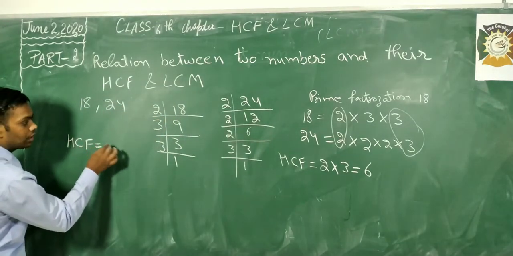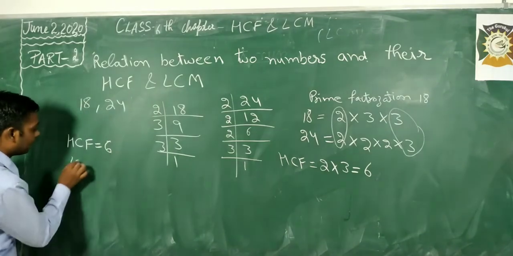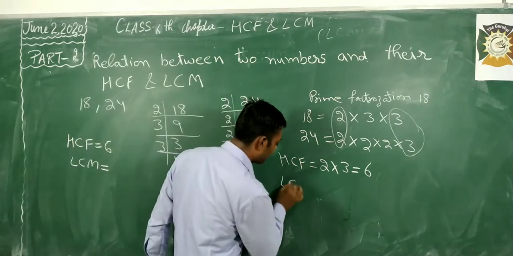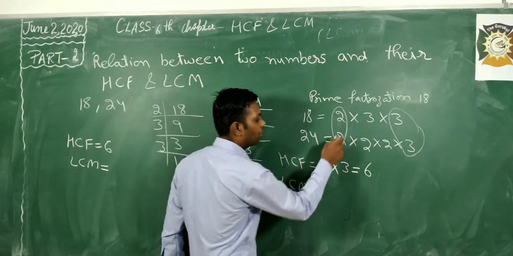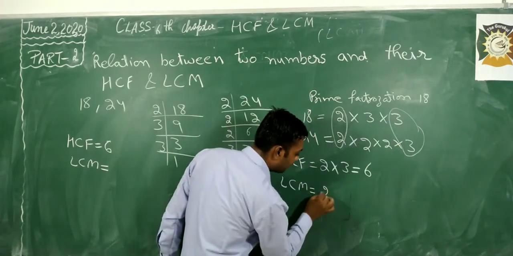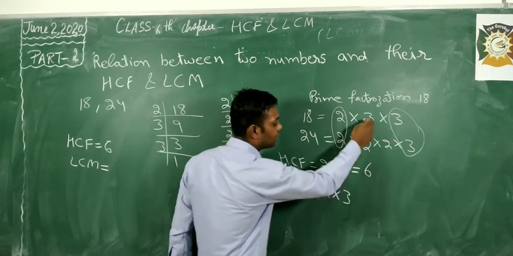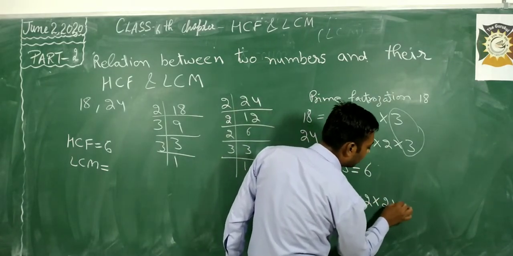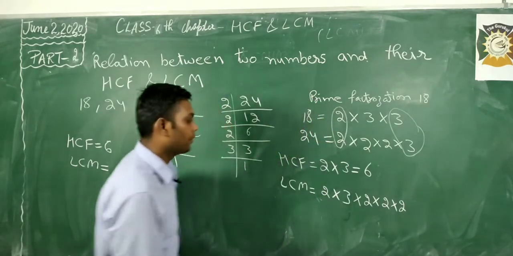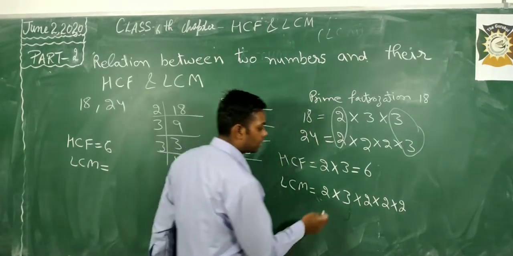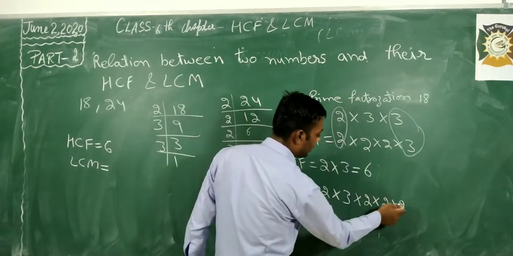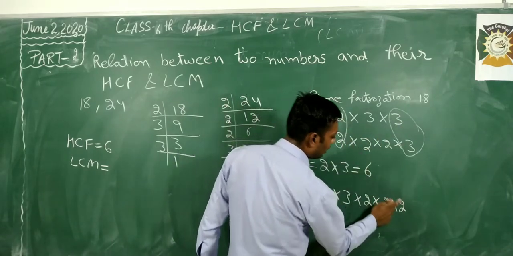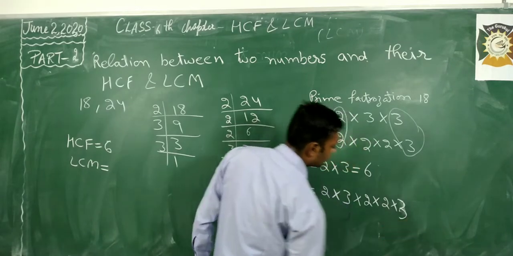So HCF is equal to 6, and for LCM, first we pick up the common ones, that is 2 and 3, and next the remaining ones, 2 multiply 2. Check it again.